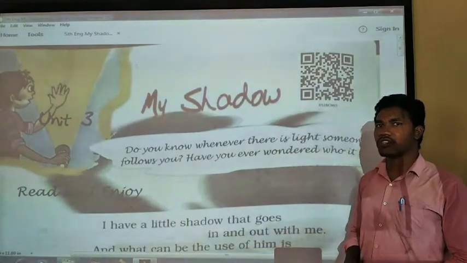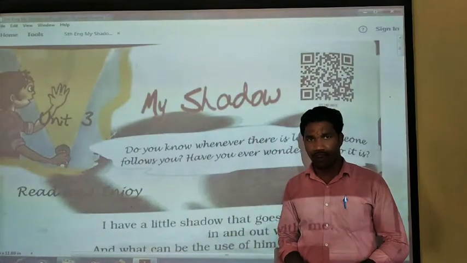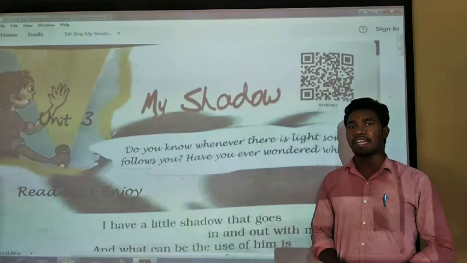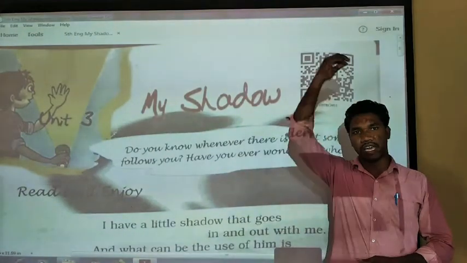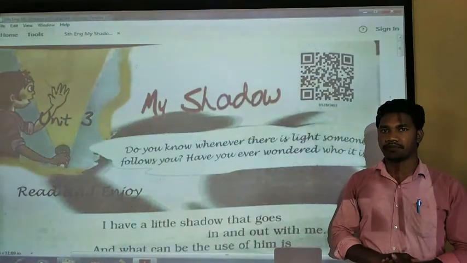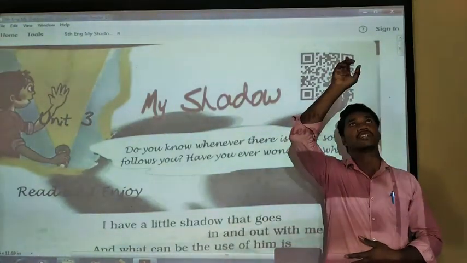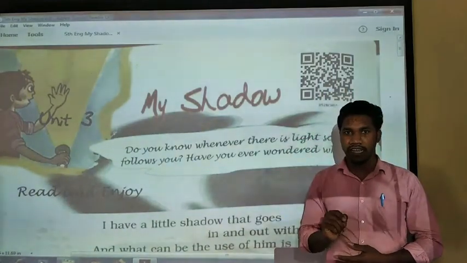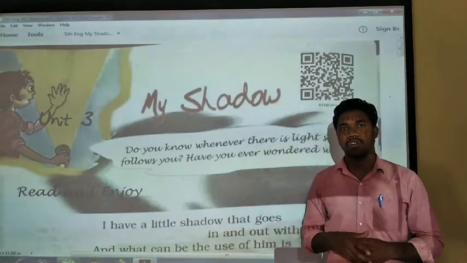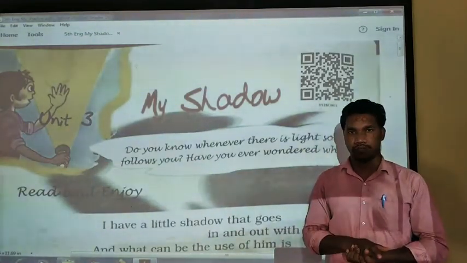That also depends on where the light is falling onto our body from. If the light is falling straight over the head, then our shadow will be very small. So that is the sunlight in the daytime, just over the head. At the noon time at 12 o'clock, how big will our shadow be? Our shadow will be very small.